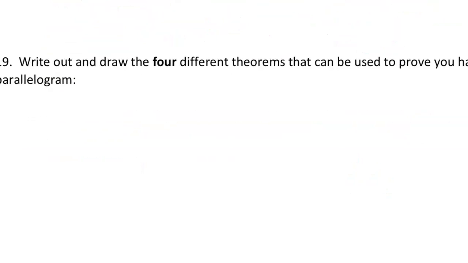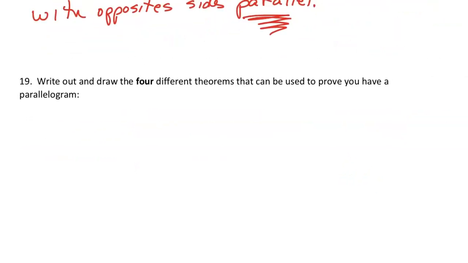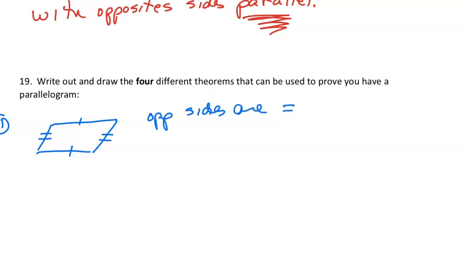Okay, write out and draw 4 different theorems that can be used to prove you have a parallelogram, in no particular order. 1, this is how I would draw it out. Draw your parallelogram. I'm going to set these guys equal. So I'm going to say opposite sides are congruent.